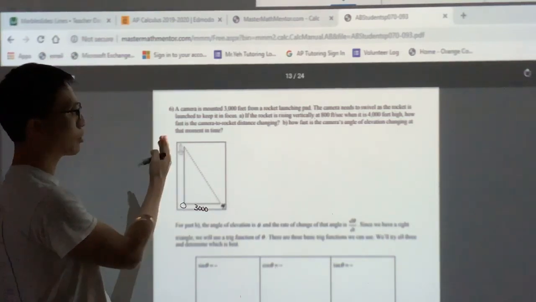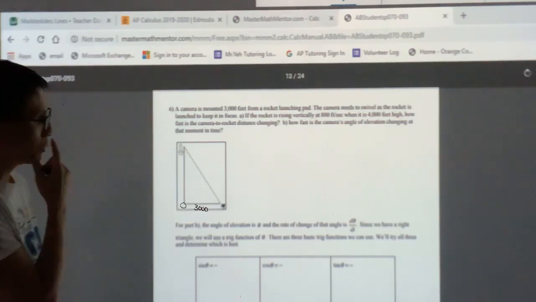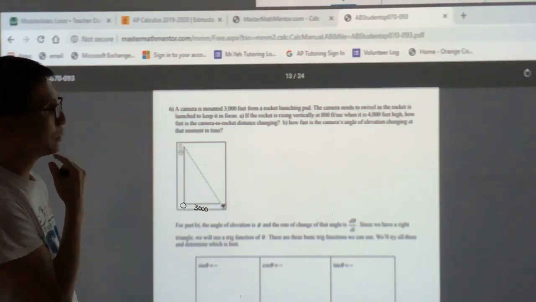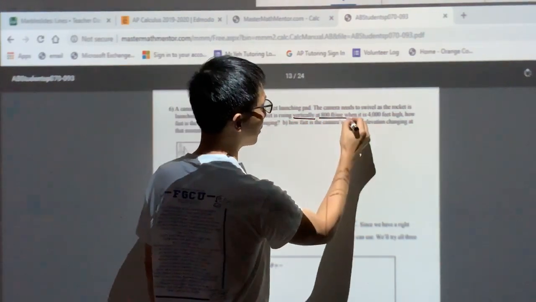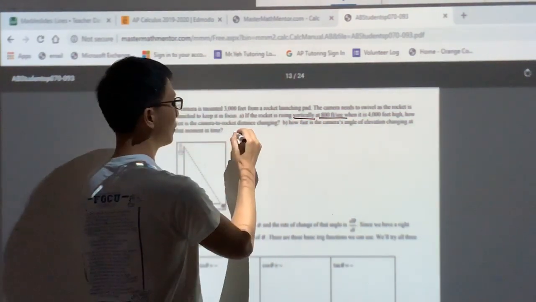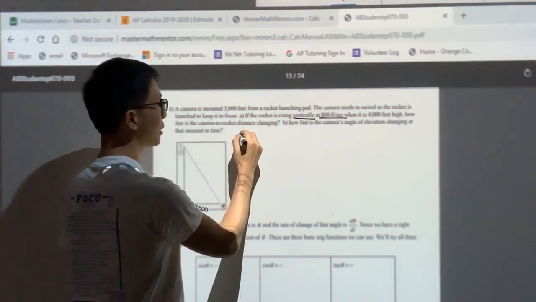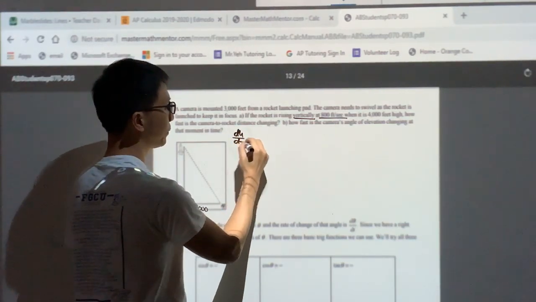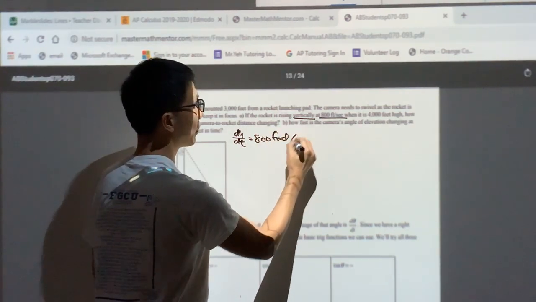If the rocket rises vertically at 800 feet per second, that tells me the height is changing, so dh/dt is equal to 800 feet per second.